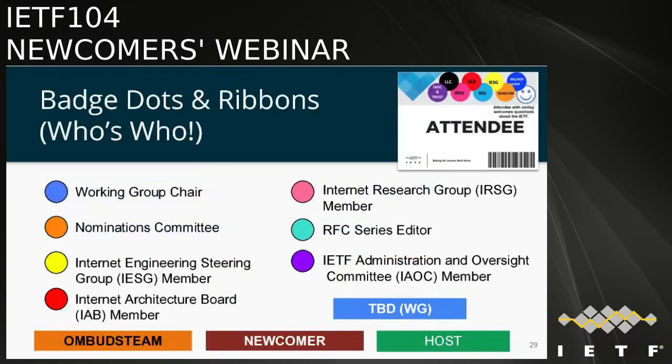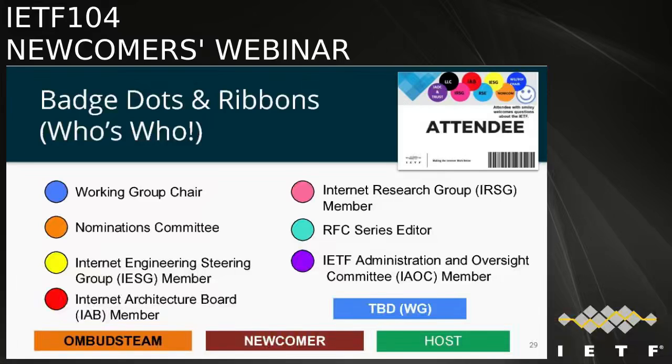Badges and dots and ribbons. So this used to be more formally organized. The one that counts the most is the white smiley face there in the upper right corner of the badge. That says, yes, I explicitly have said, come talk to me if you have questions.